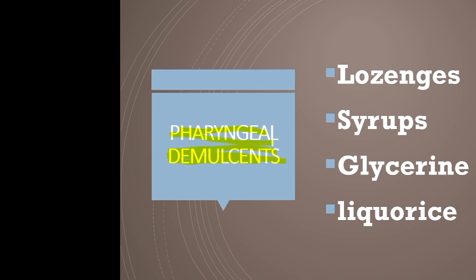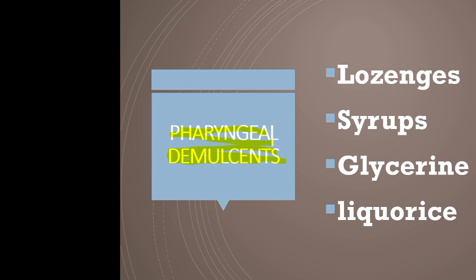And how do they work? The demulcents act as a coating to the upper layer of the throat, that is the pharynx, our air passage, and due to that coating they reduce the irritation in the throat. Due to the reduced irritation the cough will be suppressed, and they also increase the flow of saliva in the pharynx.